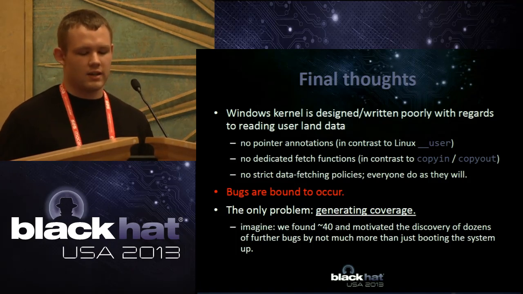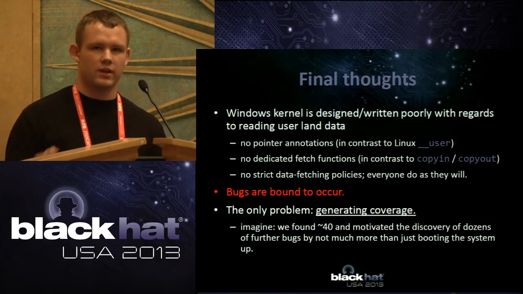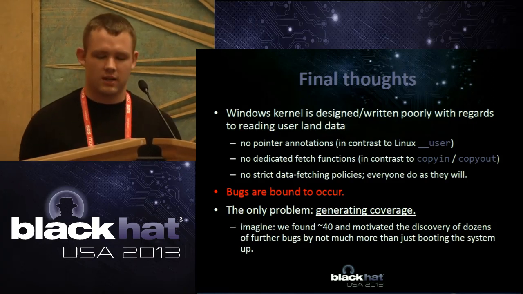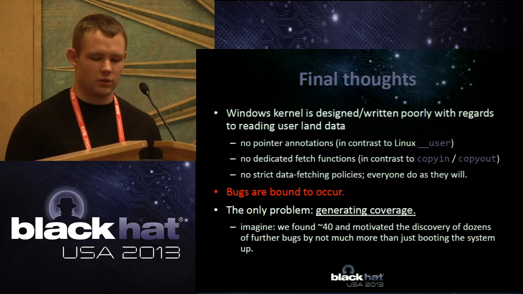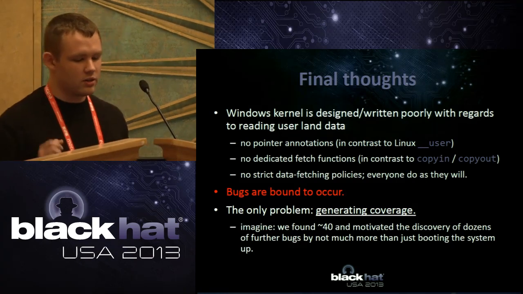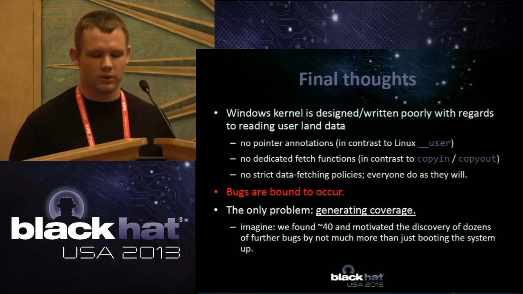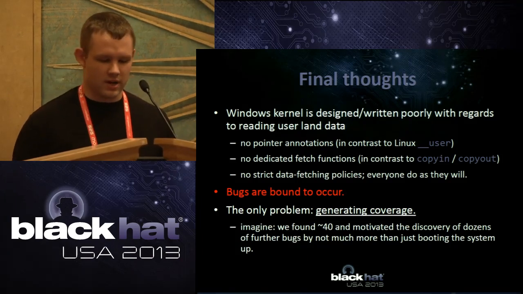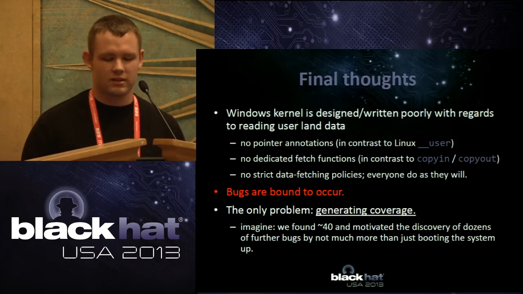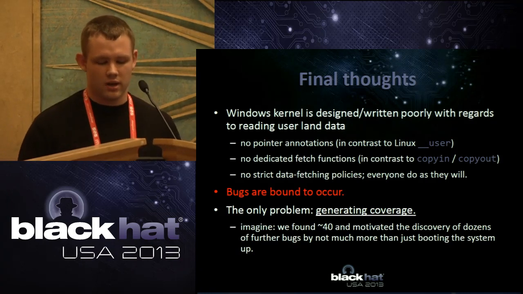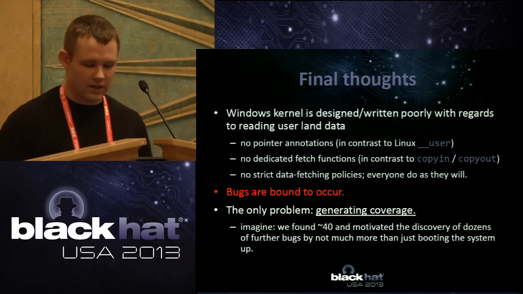You don't have dedicated fetch functions that you could use to get data from user mode. So instead of that, you just use the pointer in whatever way you want directly. And there are also no strict data fetching policies, so everyone will just do as they will, which means, well, bugs. So we think that bugs are bound to occur in this configuration and this lack of countermeasures.